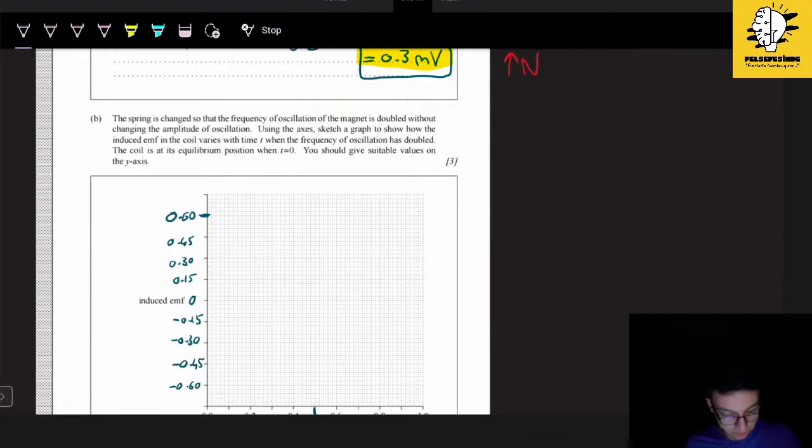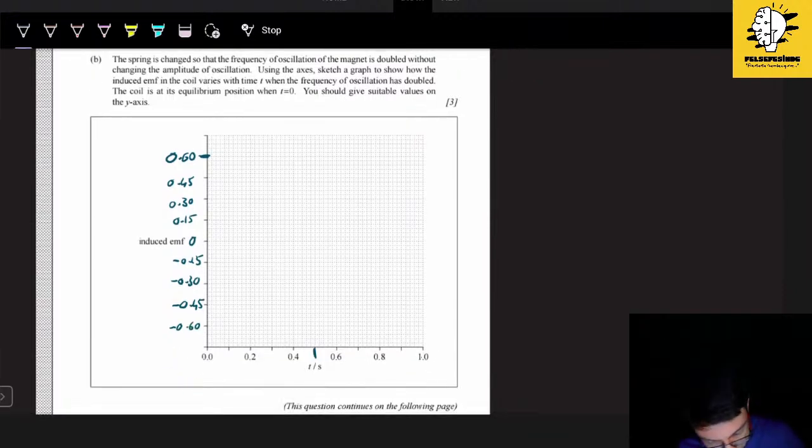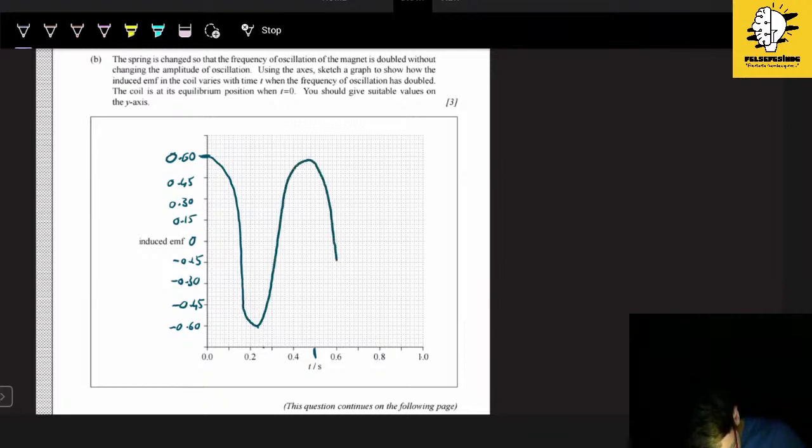Is this correct? Let's draw a cosine graph accordingly. It will approach something here. Just something like this. I think you can understand it, right?